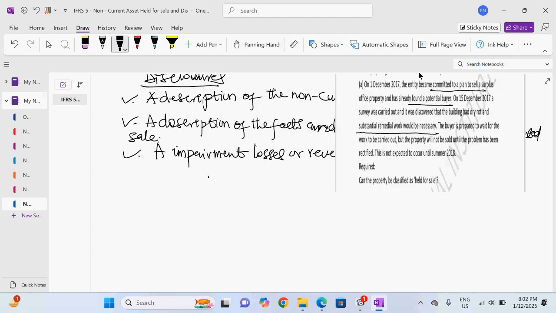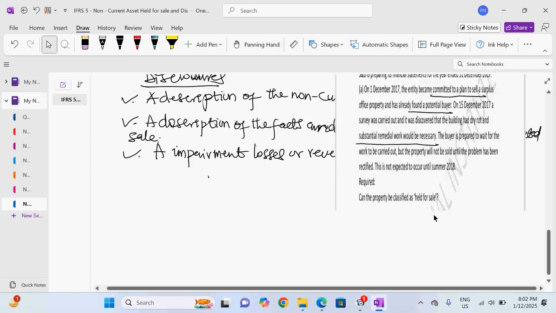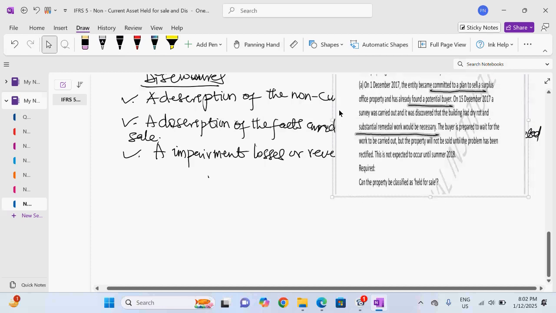The buyer is prepared to wait for the work to be carried out, but the property would not be sold until the problem has been rectified. This is not expected to occur until summer 2018. What is the requirement? Can the property be classified as an asset held for sale? What do you think?